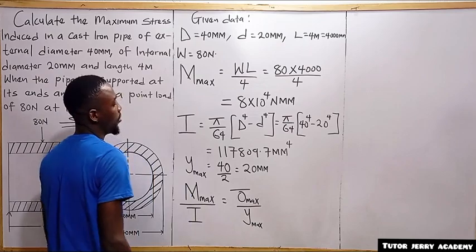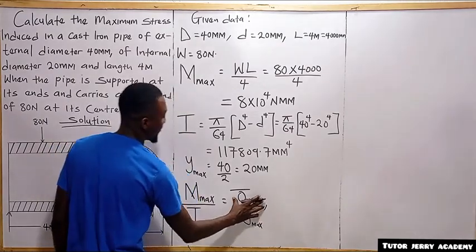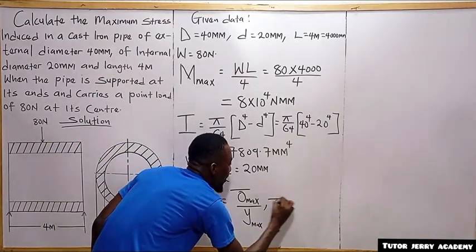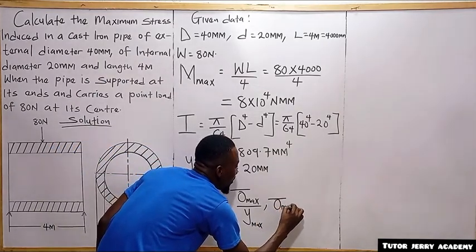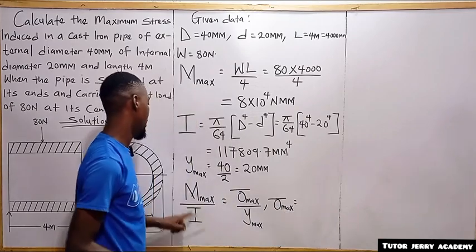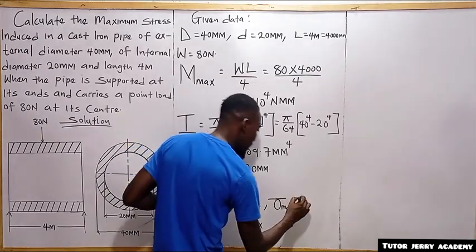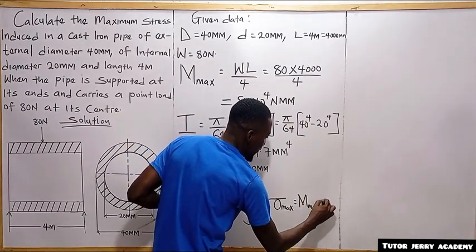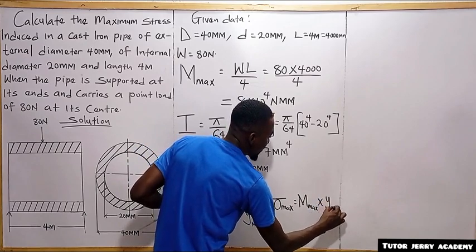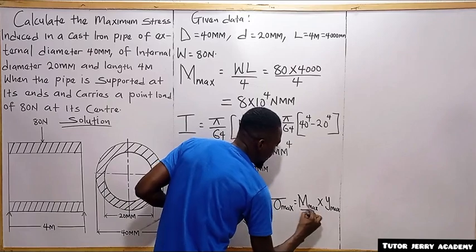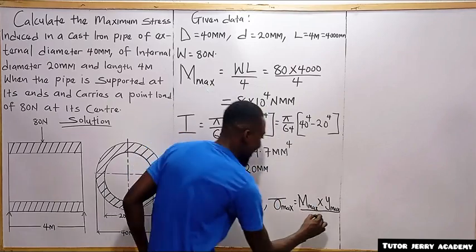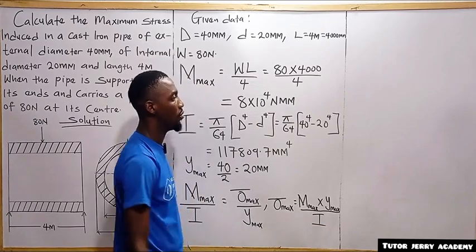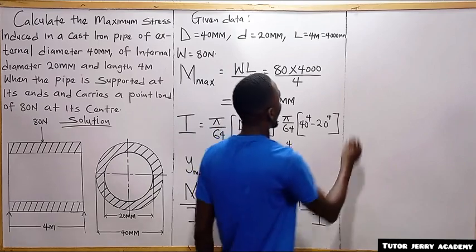All right. So if you make the maximum stress the subject here, we are going to have maximum stress equal to maximum bending moment multiplied by y max divided by I.